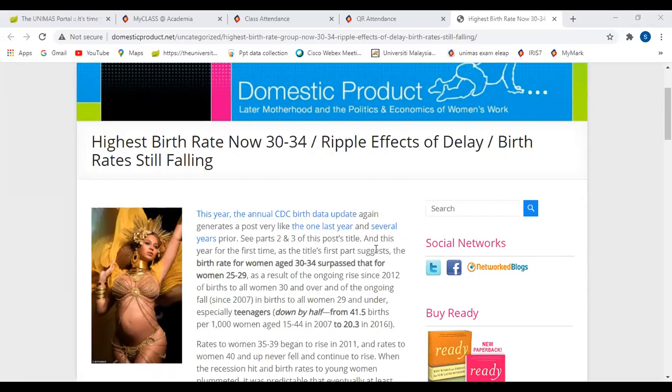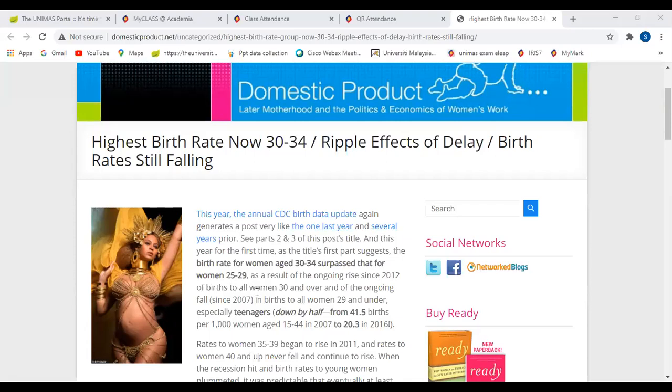Okay, but let me highlight a few things here. And this year, for the first time, as the title's first part suggests, the birth rate for women age 30 to 34 surpassed that of women 20 to 29.